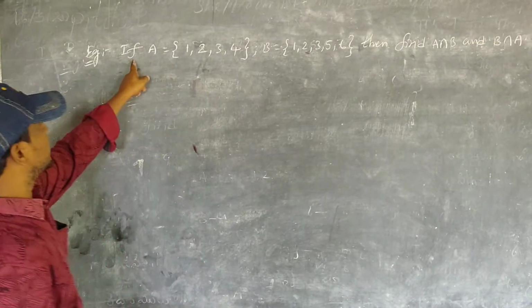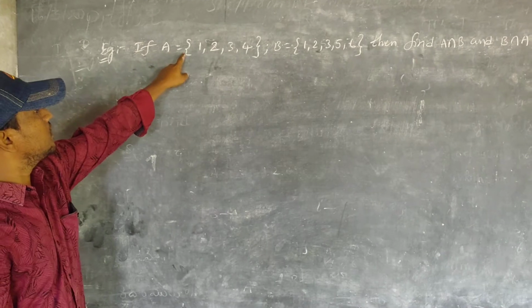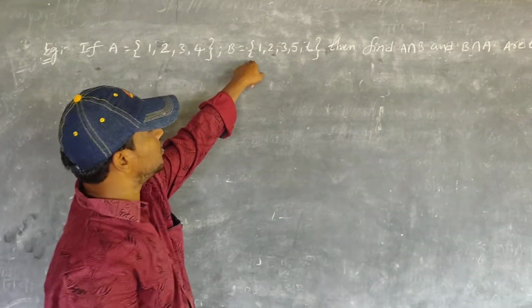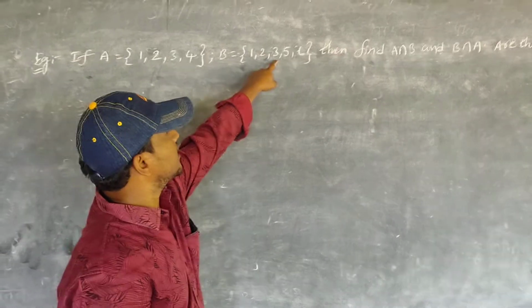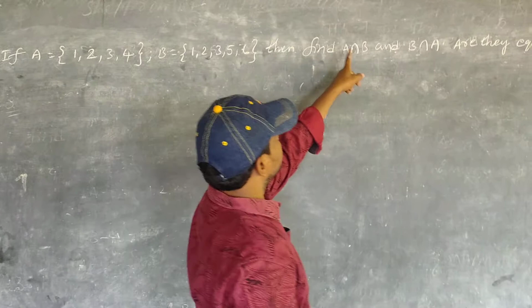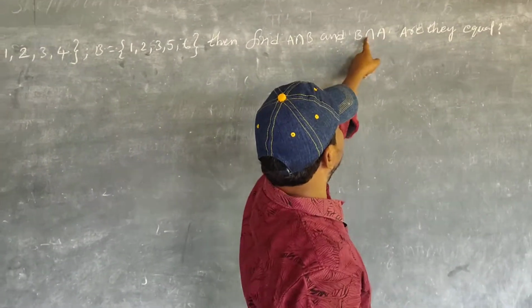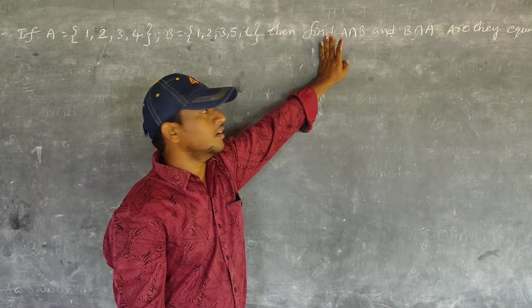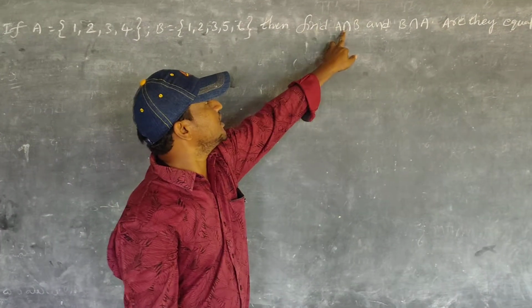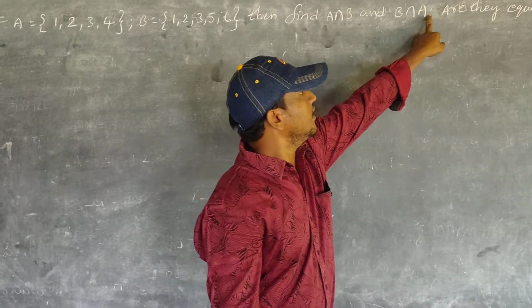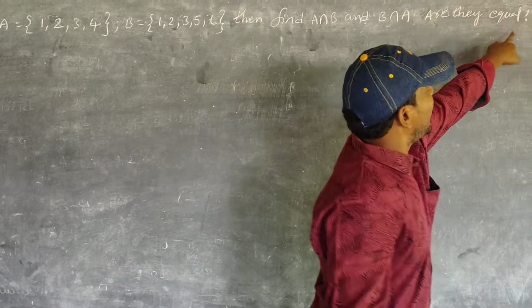Suppose A is equal to {1, 2, 3, 4} and B is equal to {1, 2, 3, 5, 6}. Then find A intersection B and B intersection A. Are they equal?